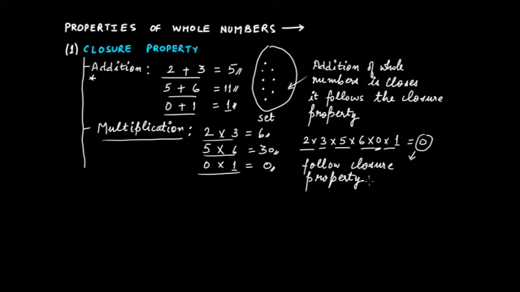And therefore multiplication of whole numbers is closed.